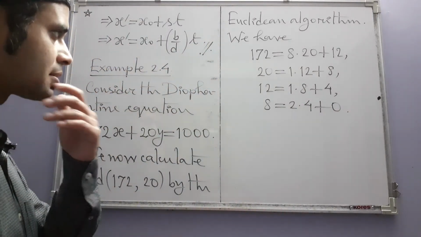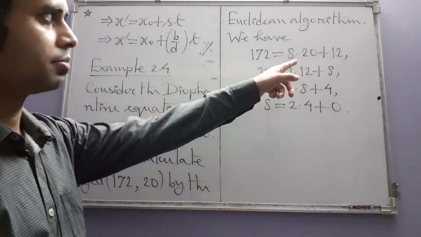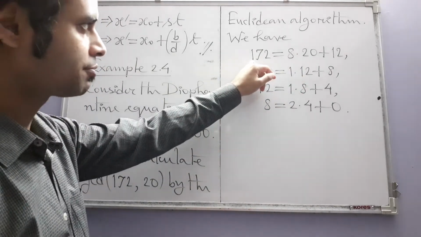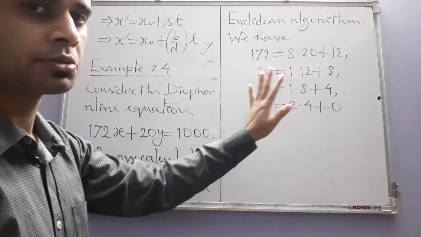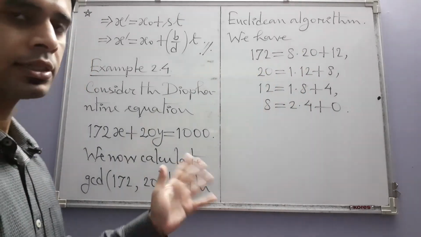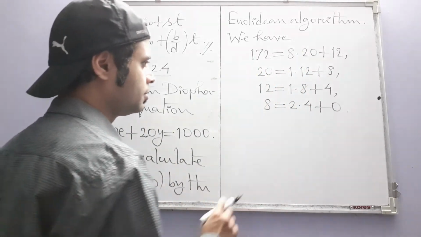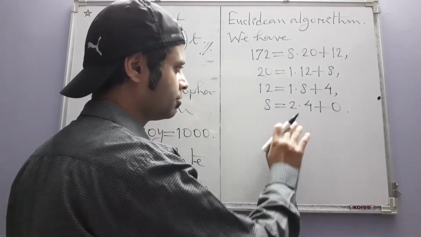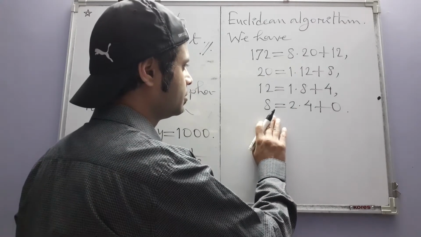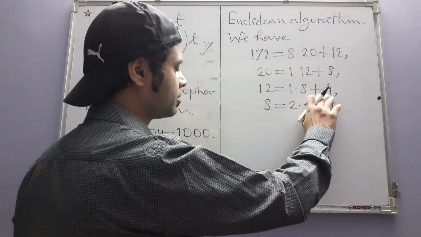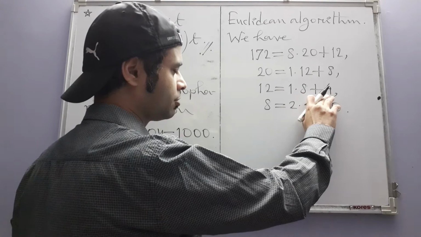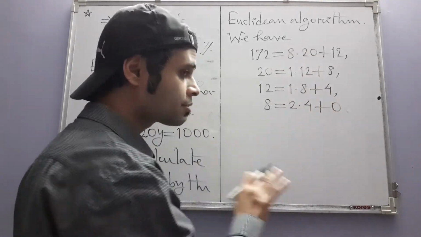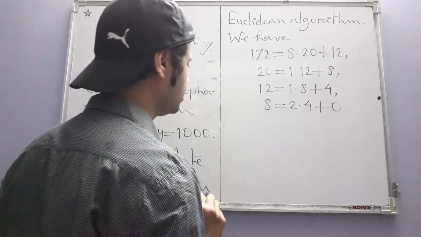At each step we divide the divisor by the remainder, and in the first step of course we divide one of the numbers by the other one. Which one, that is up to you, until we get a zero remainder, which is bound to happen at some point. So the last non-zero remainder, 4, is the GCD.